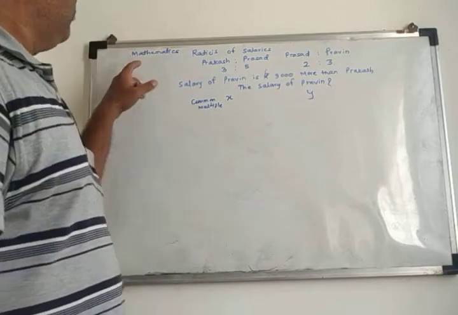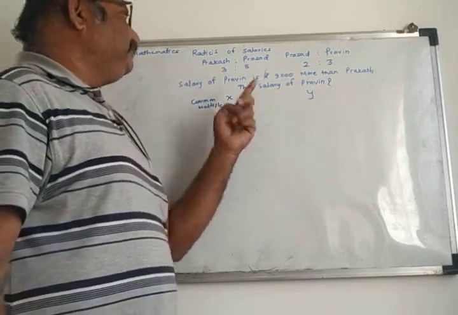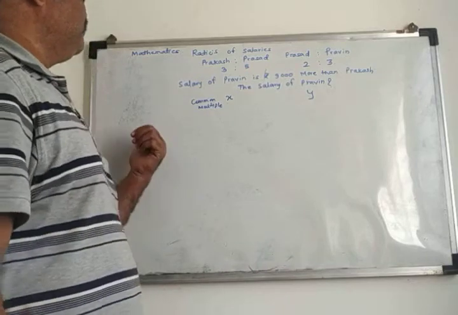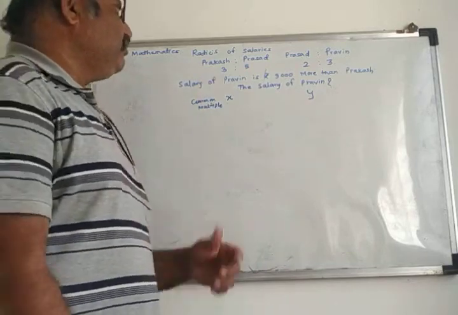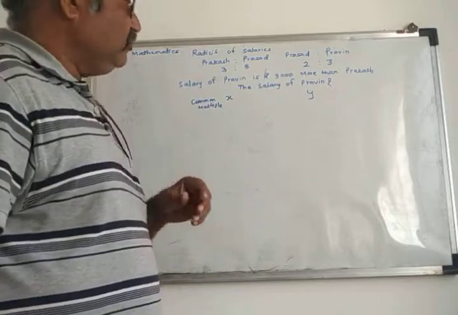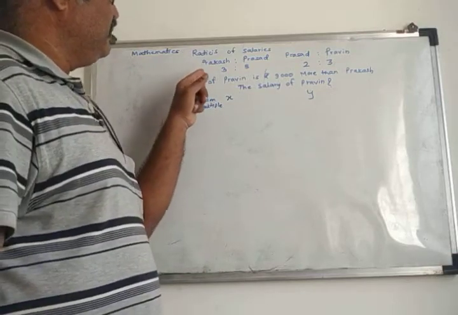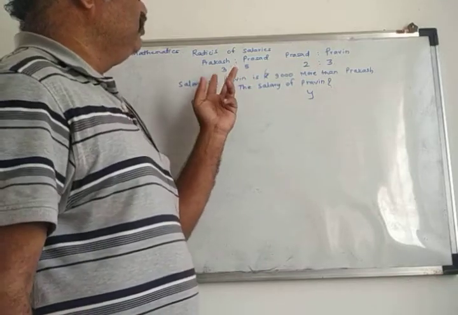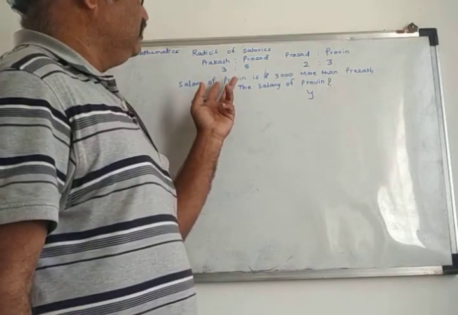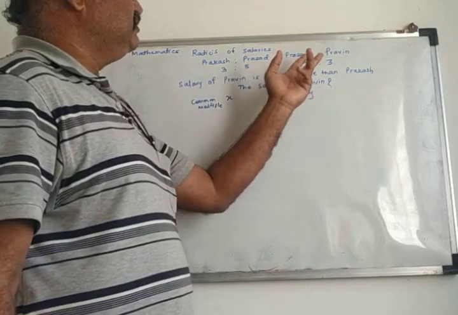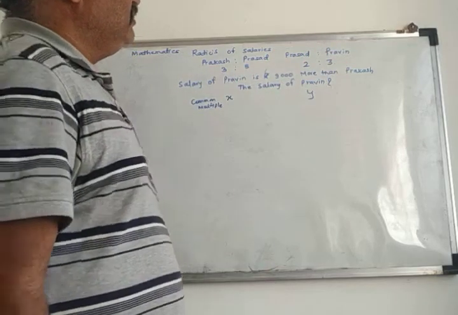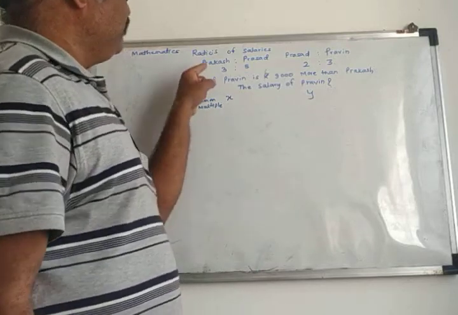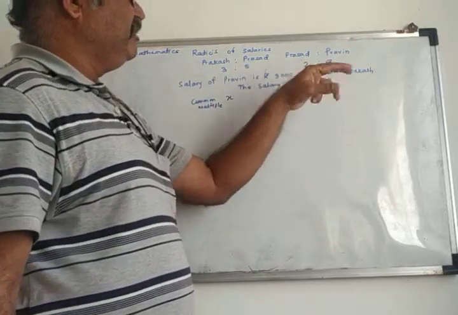Here is an example from the mathematics question paper set, and it depends on ratios and proportion. One question gave the salaries of 3 persons, but they correlate two in one aspect and another aspect compares the salaries differently. Prakash, Prasad and Praveen are the 3 persons.